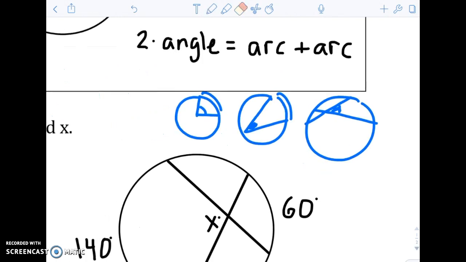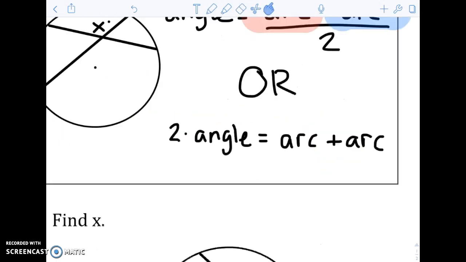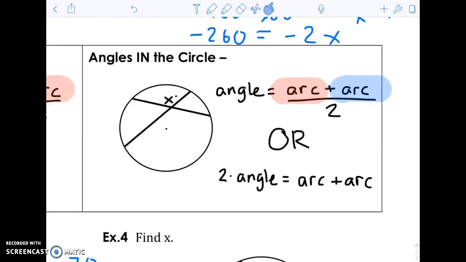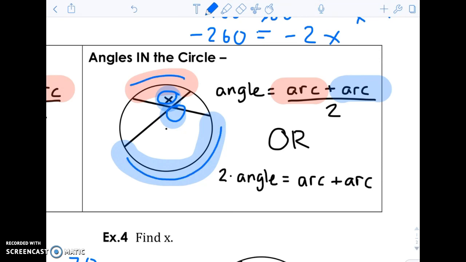So what we are going to do here is use the 2 arcs associated with this angle. First one being this arc, and then the second one being the arc that's the vertical angle to it. So I know that x has a vertical angle with that angle, and I also know that that angle has this arc. These 2 angles will equal these 2 arcs, but the angles have to be the same and the arcs are going to be different.